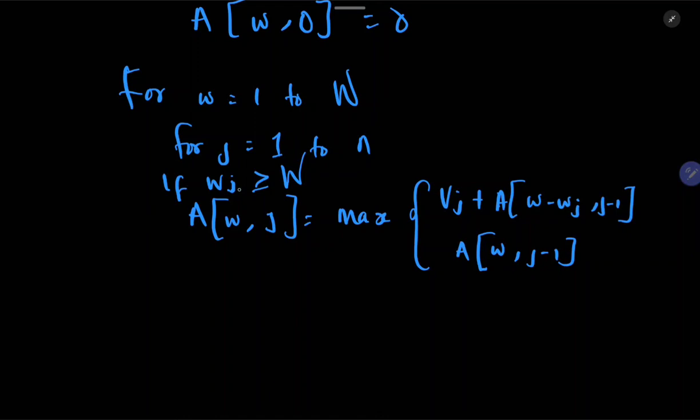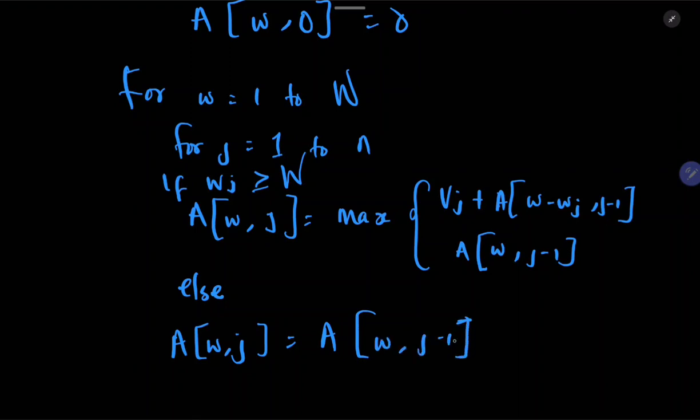Else, that is when the weights are less than the capacity, A of W, J equals A of W, J minus 1.